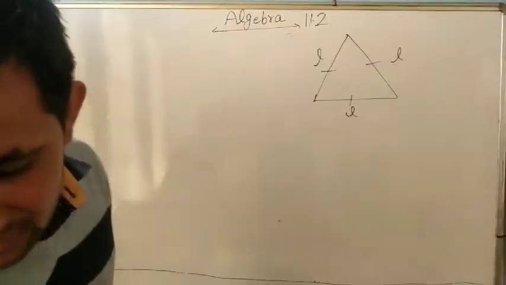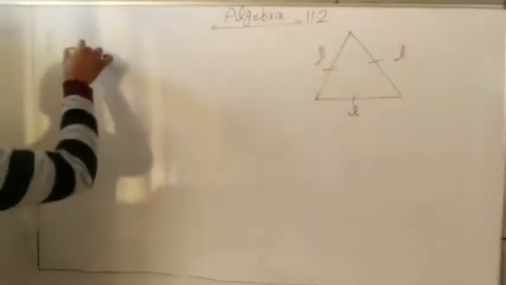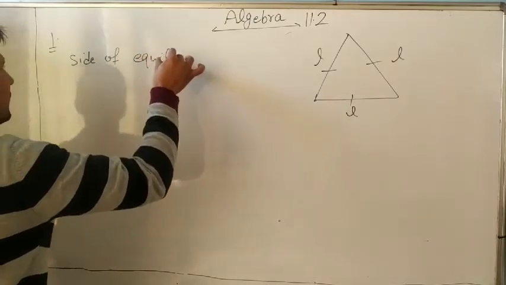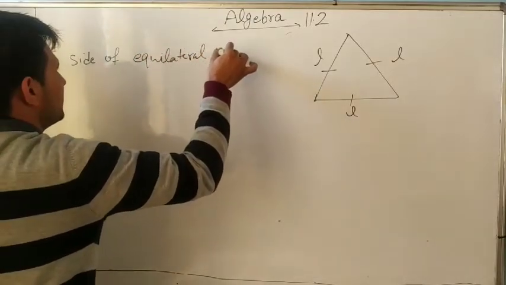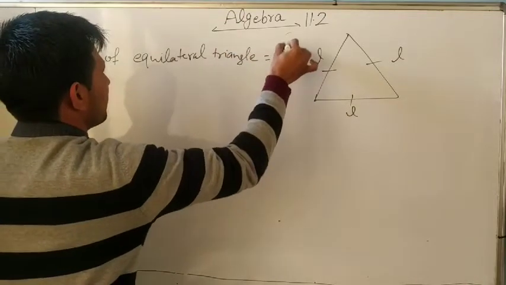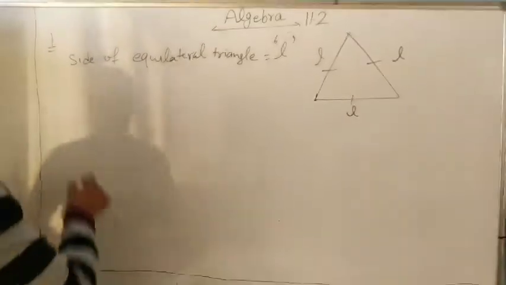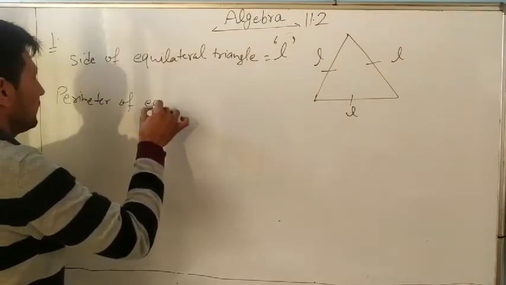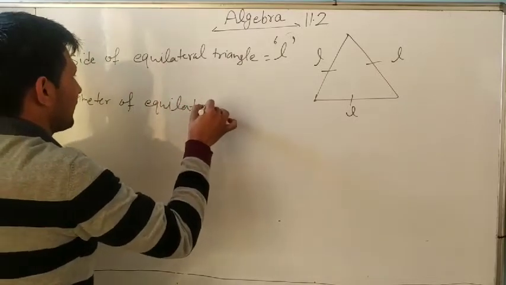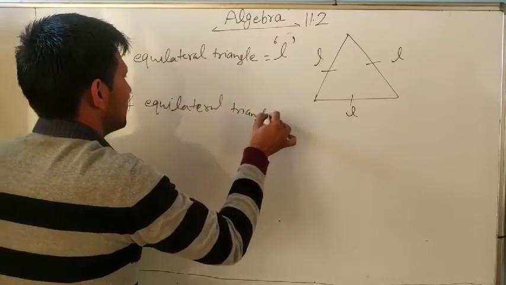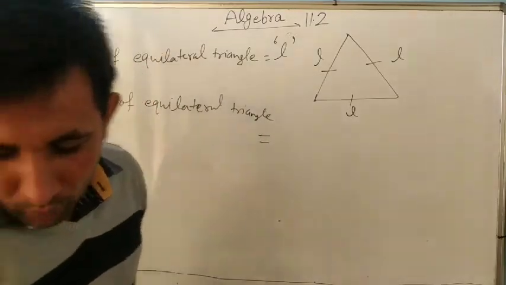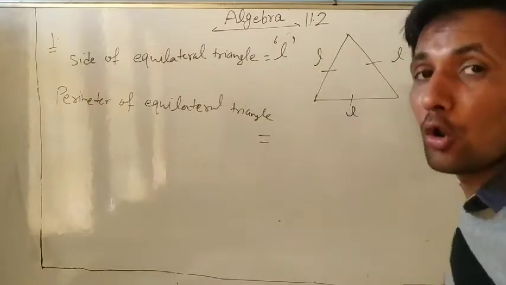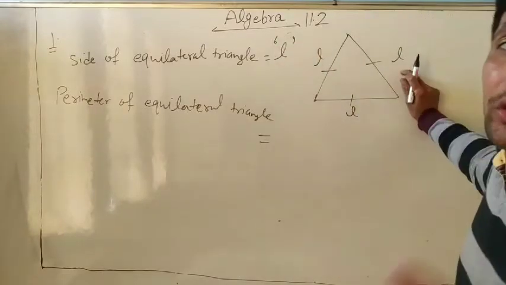Then express the perimeter. First write the side of the equilateral triangle. How much is L? L is given, so we have to find the perimeter of the equilateral triangle using L. Everyone knows perimeter means the sum of all sides, the total length of the outer boundary.